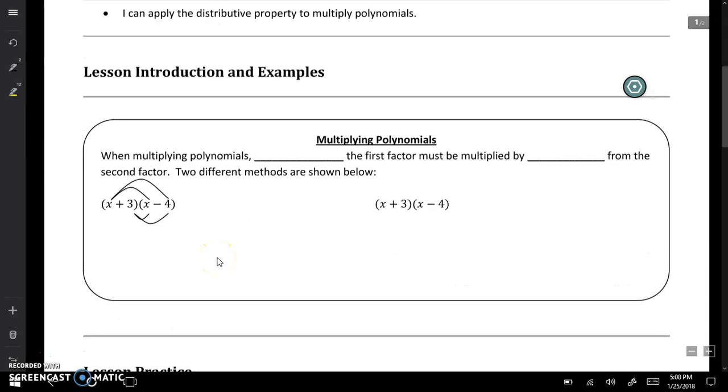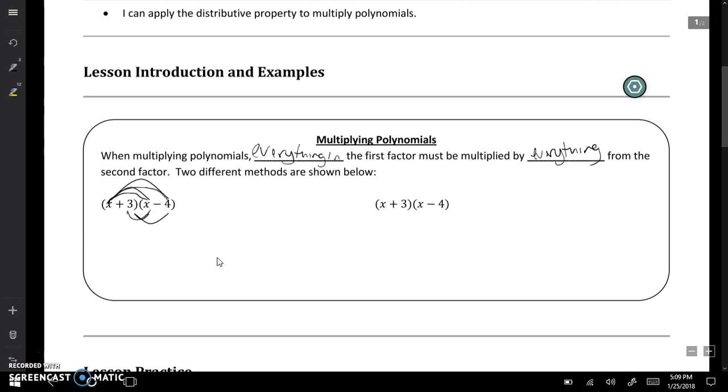Okay, so multiply polynomials. When multiplying polynomials, everything in the first factor must be multiplied by everything from the second factor. Okay, so the two different ways. One of them is you're going to take this x, go to x, and then go to -4.